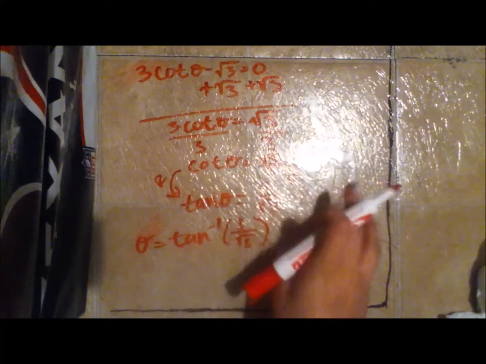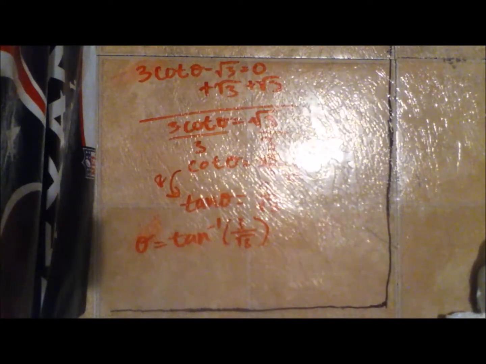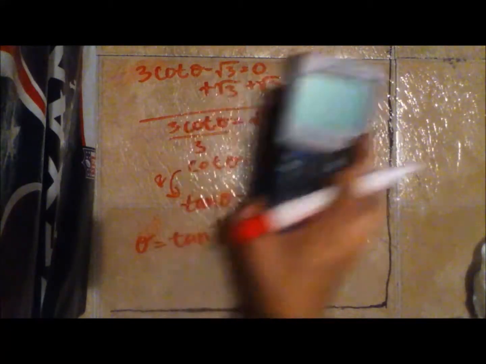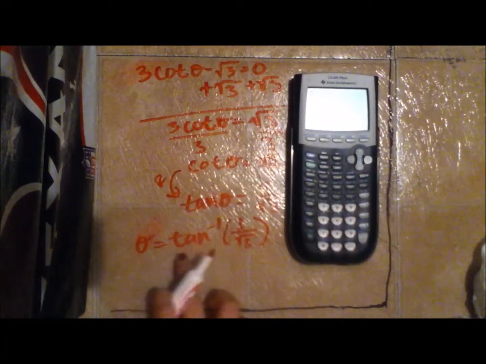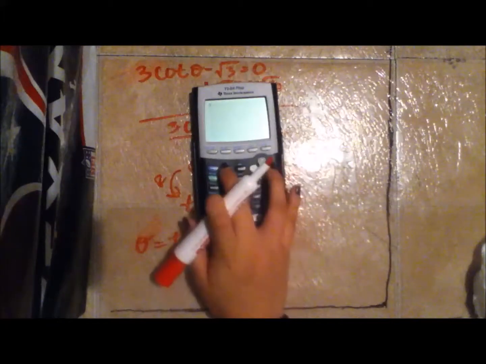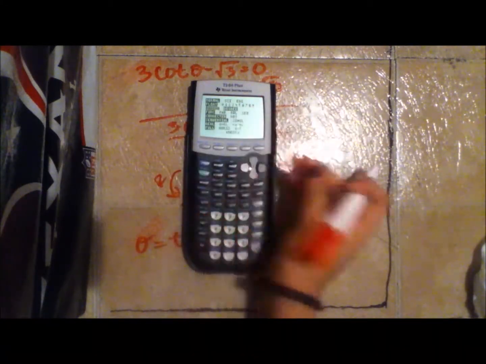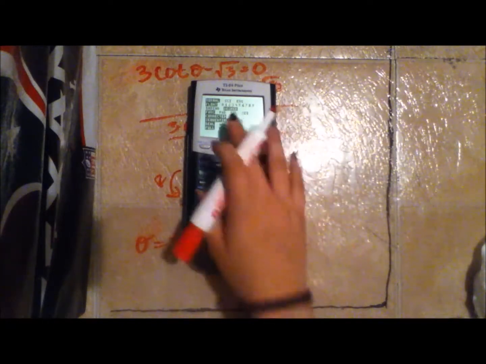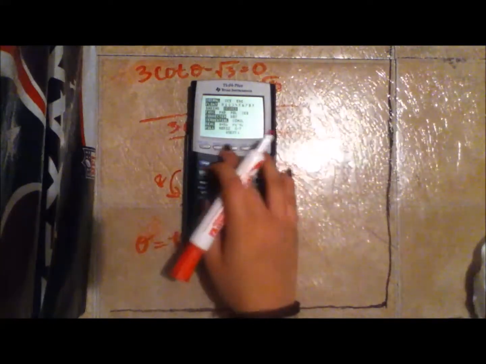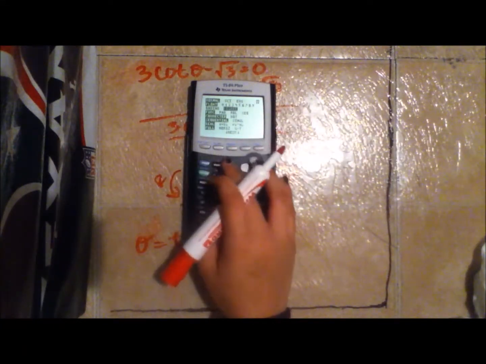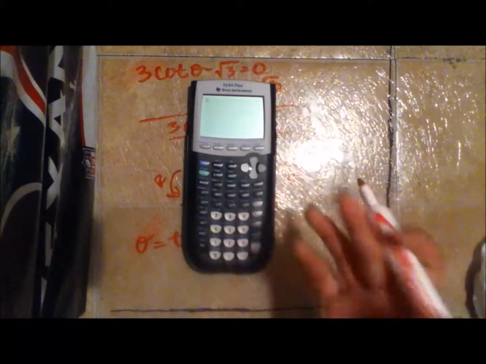After you've done this process, you're going to look for the degrees. To find theta, go to mode, change your radians to degrees, press enter on degrees, and press second mode to quit.